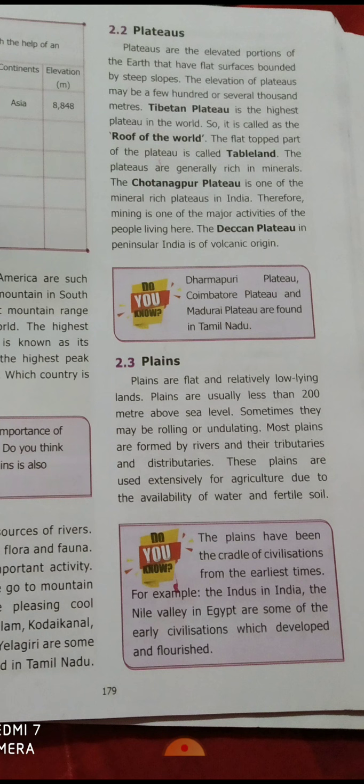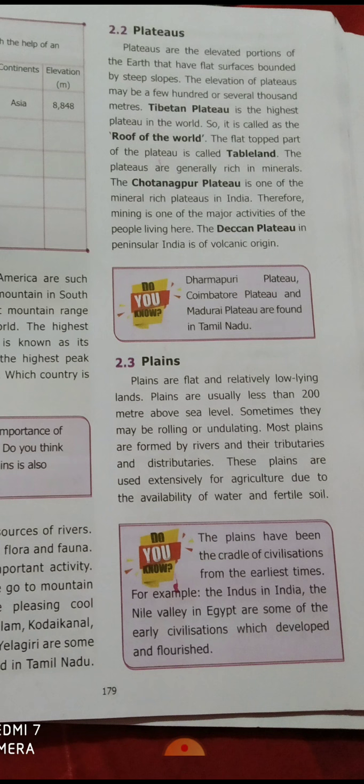Plateaus are elevated portions of the earth that have flat surfaces bounded by steep slopes. The elevation of plateaus may be a few hundred or several thousand meters. The Tibetan Plateau is the highest plateau in the world. Underline, Tibetan Plateau is the highest plateau in the world.